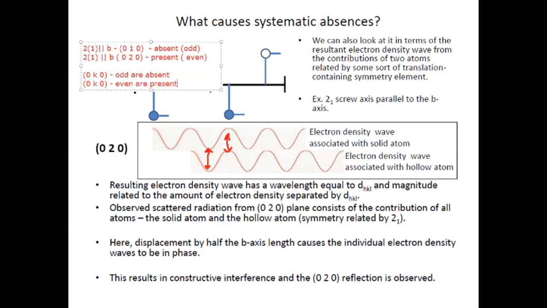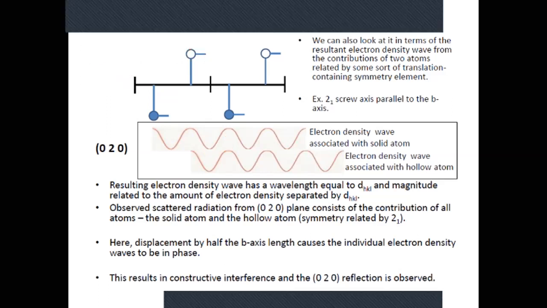So if you notice that the odd 0, K, 0 are absent in a reflection file, and the even are present, that tells you you have a 2-1 screw axis. Again, we can't do this for a two-fold. We can only do it for a screw axis because two-folds don't have any translation.